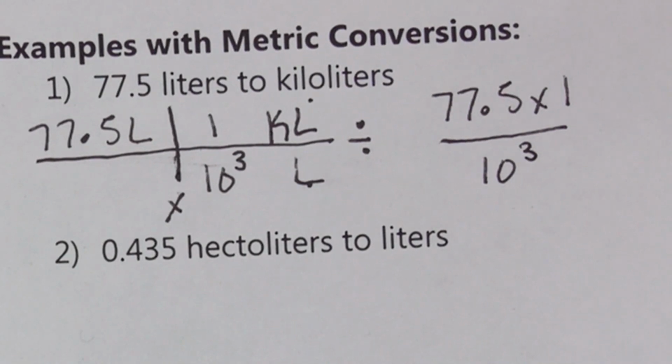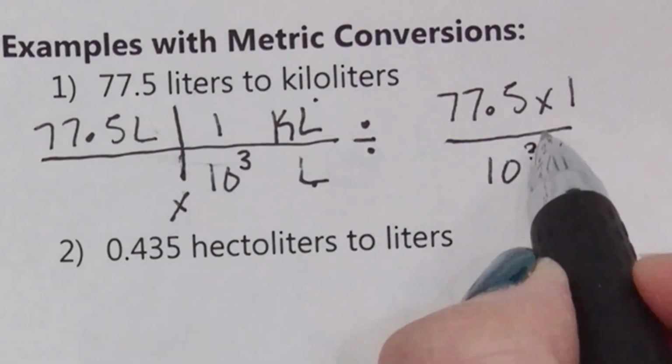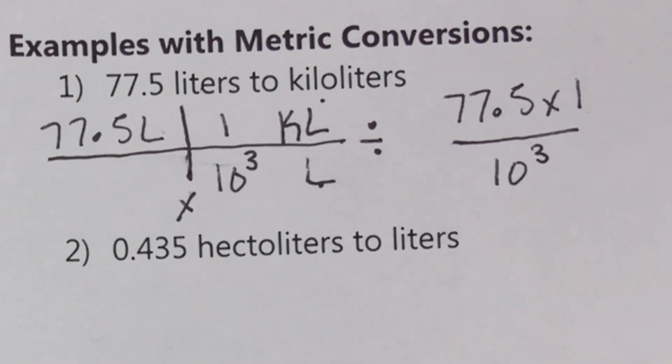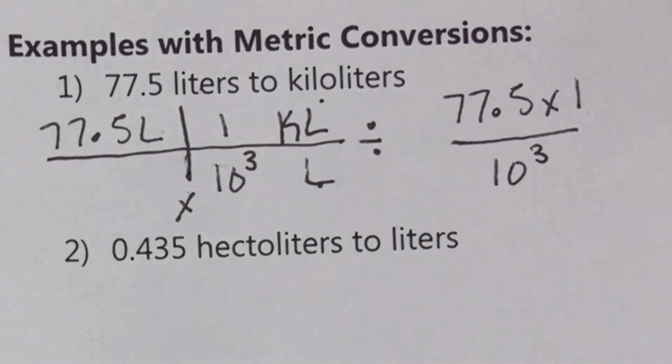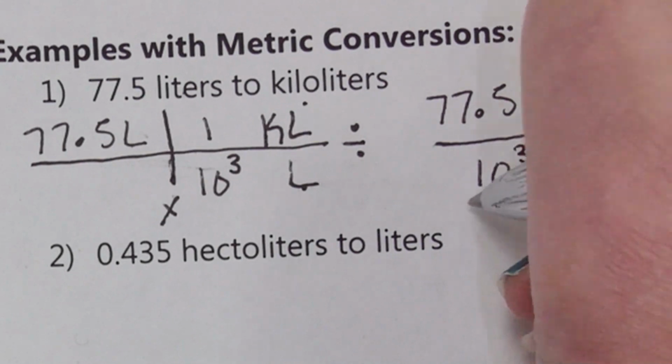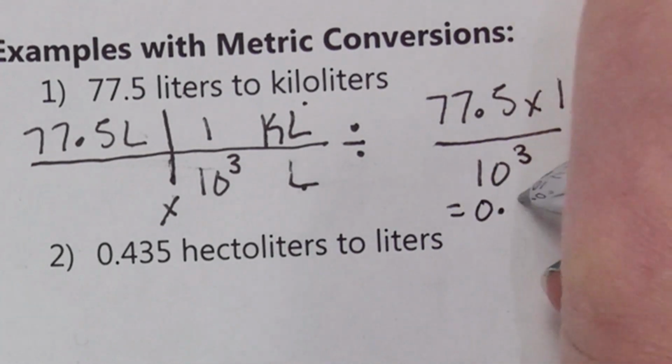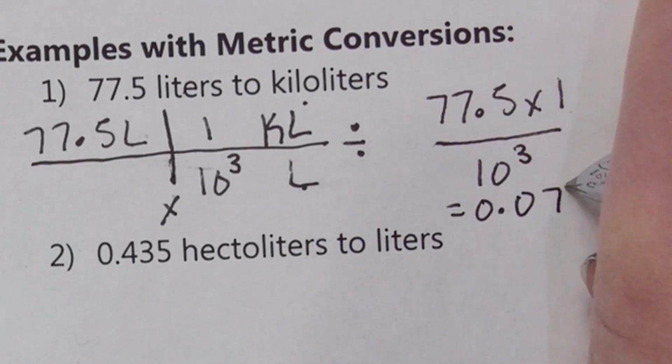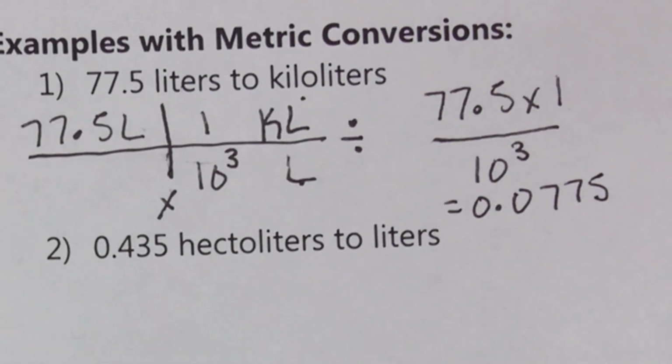So 77.5 times 1 divided by 10 to the 3rd is going to be 0.0775.